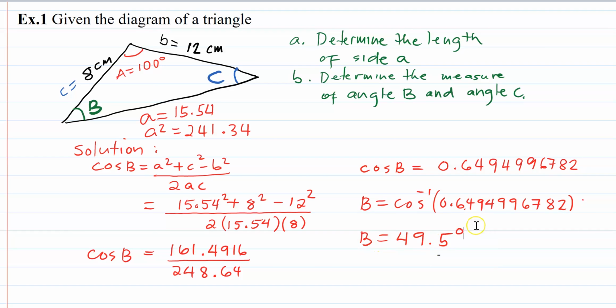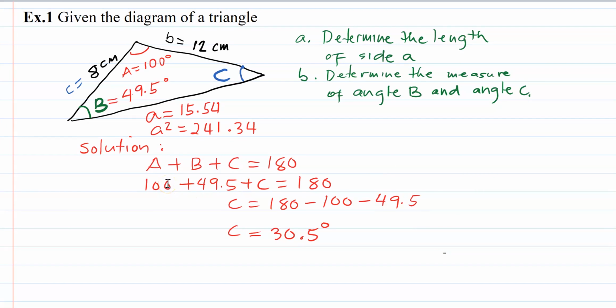To solve for the measure of angle C, we can use the sum of the three interior angles, A plus B plus C equals 180 degrees, and our A is 100 degrees, our B is 49.5 degrees, and we have C equals 180 degrees minus 100 minus 49.5, and the result is C equals 30.5 degrees.